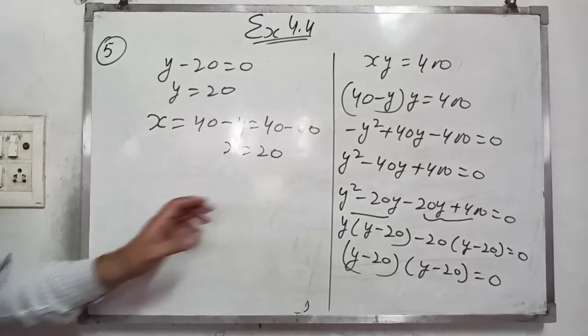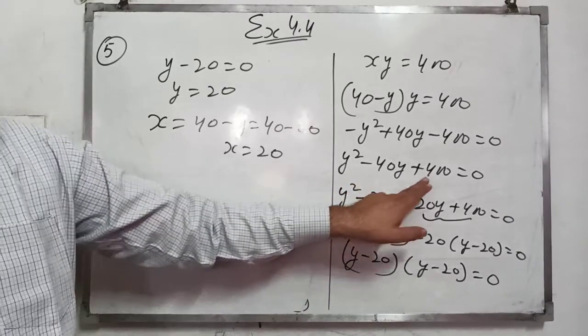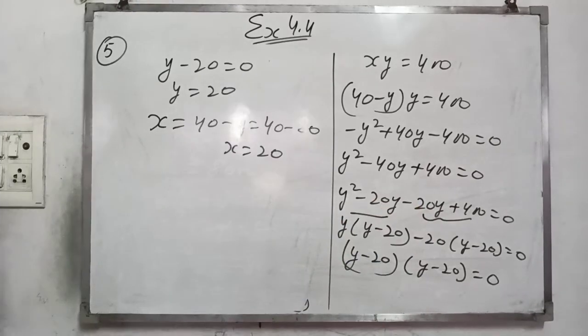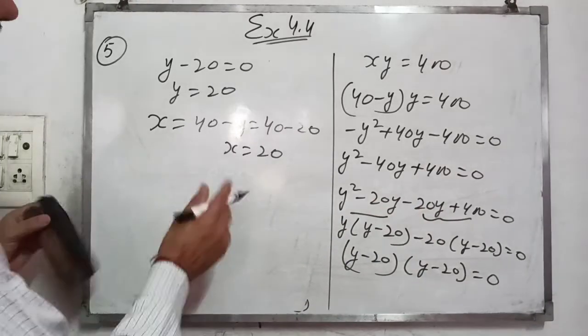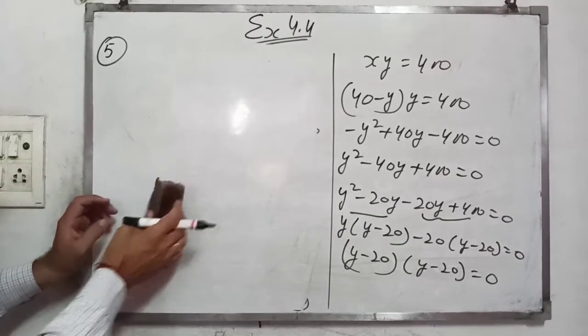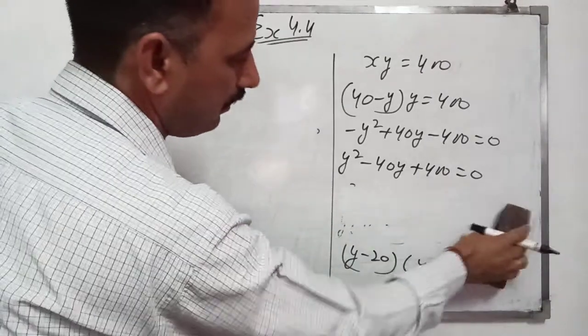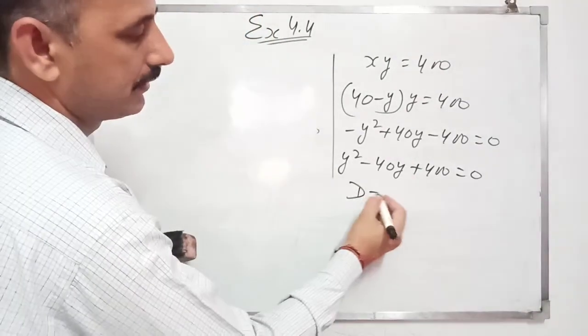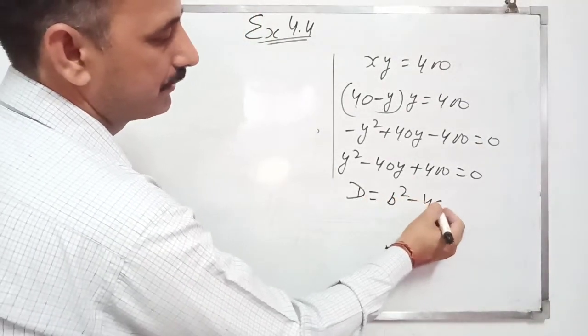In this question you can also find D. We also solve by another method, that is by finding D. So we find D first, that is b square minus 4ac.